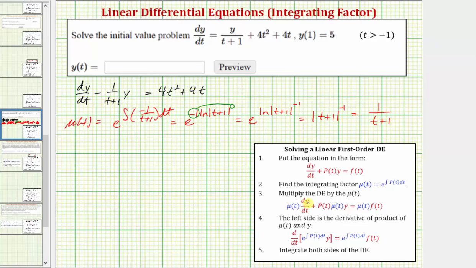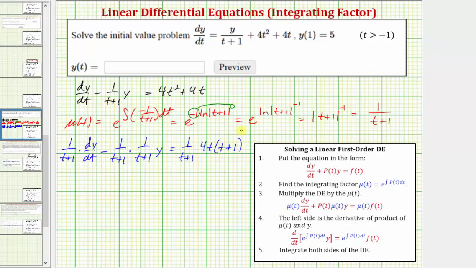Step 3, we multiply both sides of the differential equation in this form by the integrating factor. So we'll have mu of t, which is 1 over the quantity t plus 1 times dy/dt, minus 1 over the quantity t plus 1 times mu of t, which is 1 over the quantity t plus 1 times y, equals 1 over the quantity t plus 1 times, let's go ahead and factor 4t squared plus 4t, that'd be 4t times the quantity t plus 1.